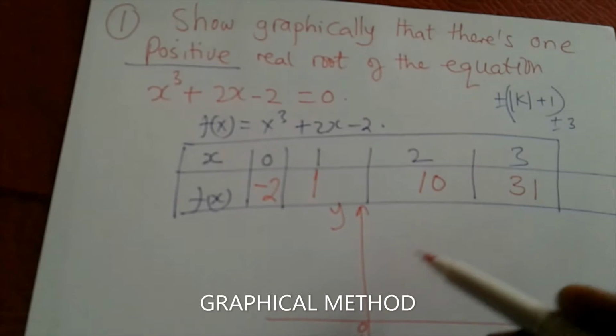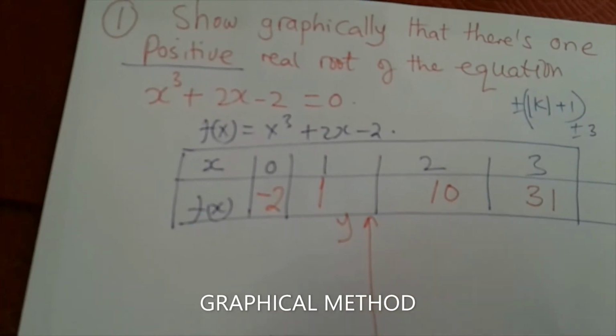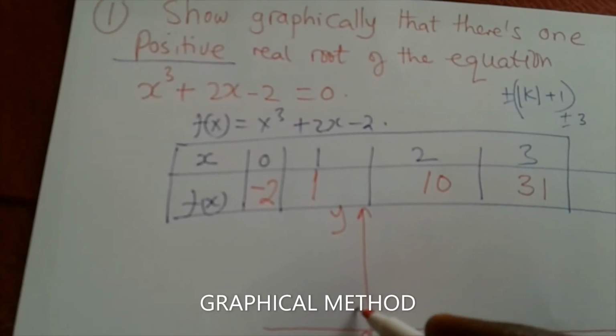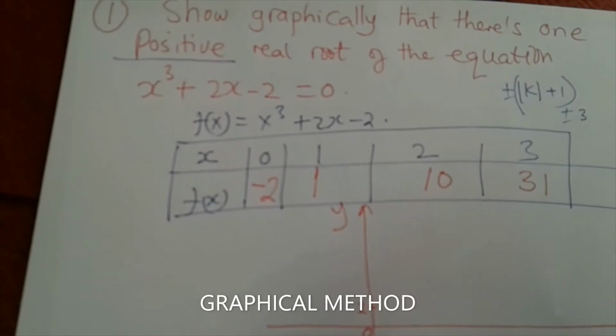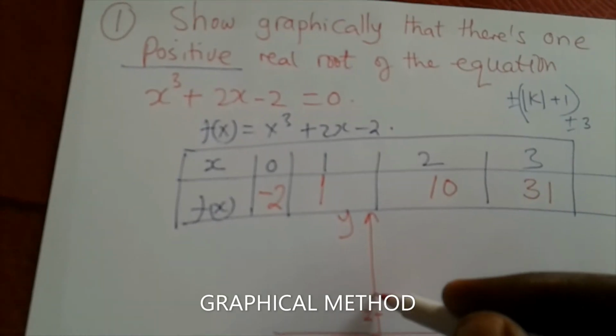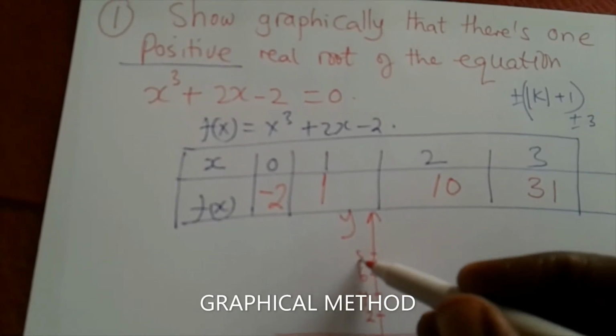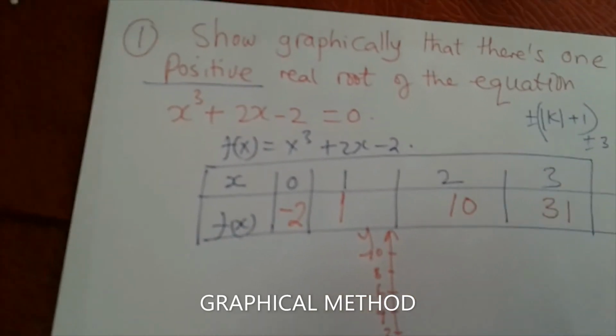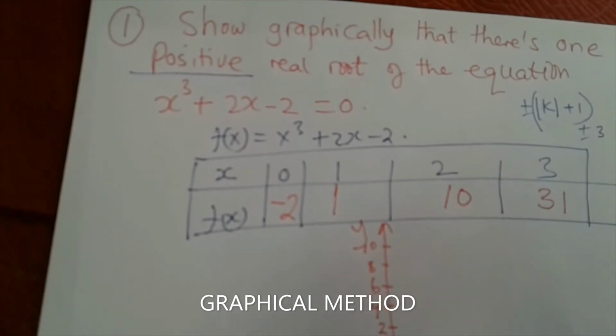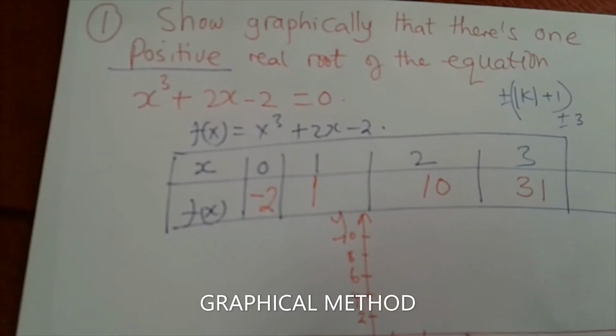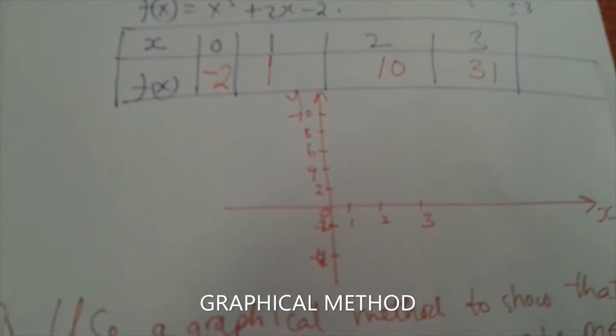Then since you have got bigger values like 10, we can use a scale of 2: -2, -4, 2, 4, 6, 8, 10, and so on. Then we have 1, 2, 3 on the x-axis.